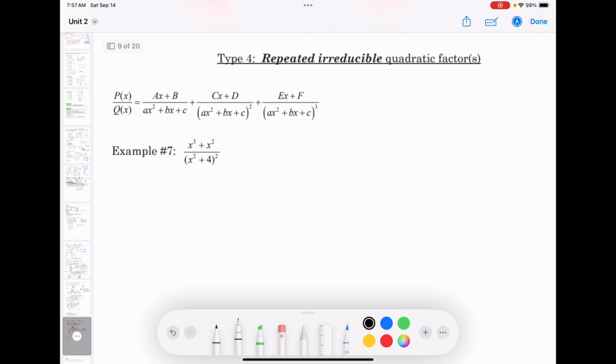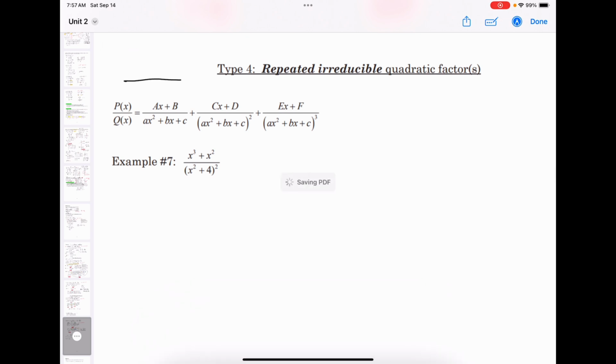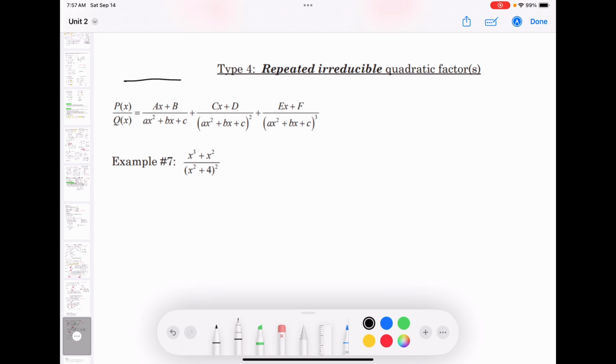In type 4, repeated irreducible quadratic factors. Okay, for example, I don't worry about my top, but the bottom is ax squared plus bx plus c, and this one raised to the cubed.